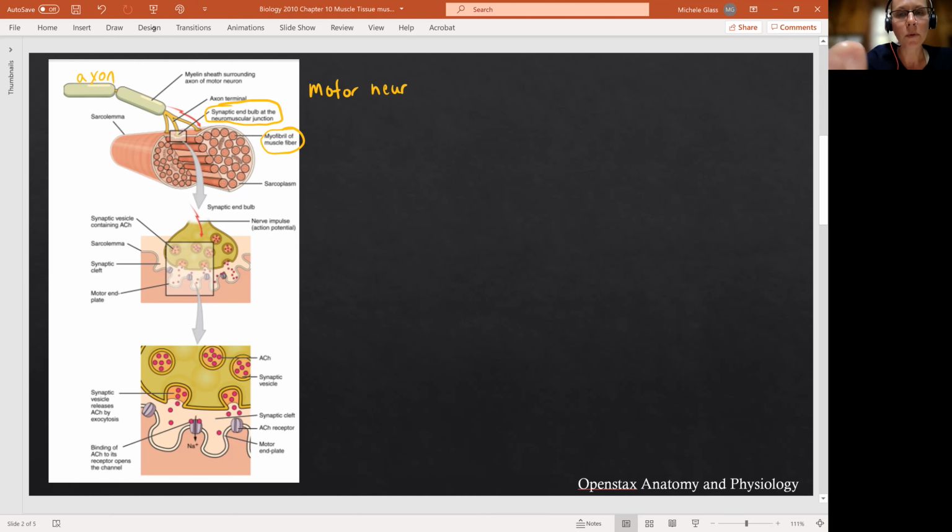The motor neuron, let's say, is housed in the central nervous system. That's going to make a little more sense as we move into chapter 12. It is going to generate the action potential.